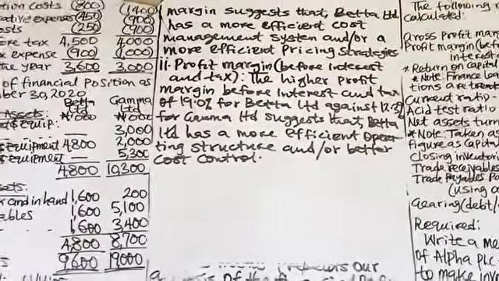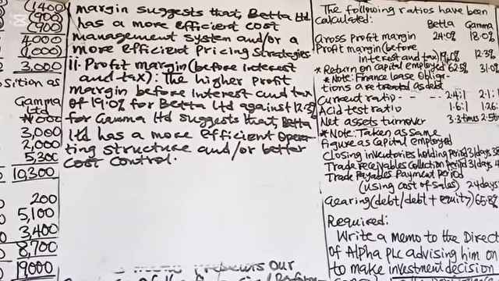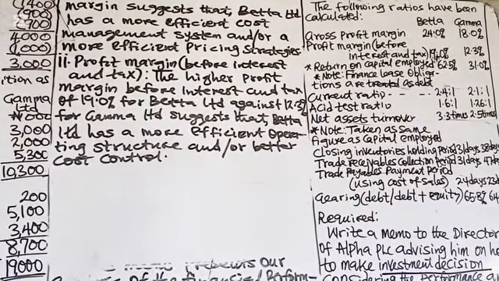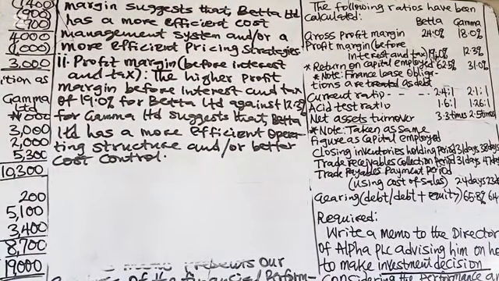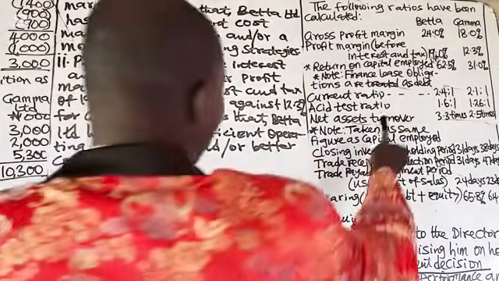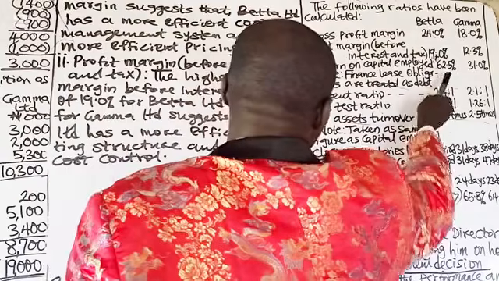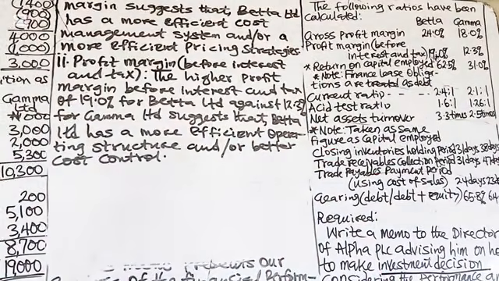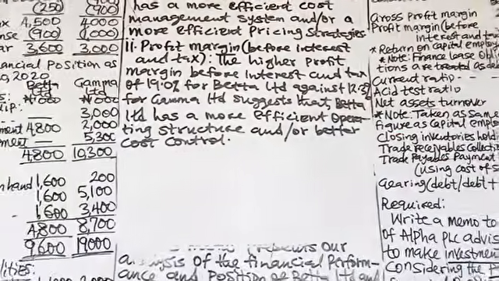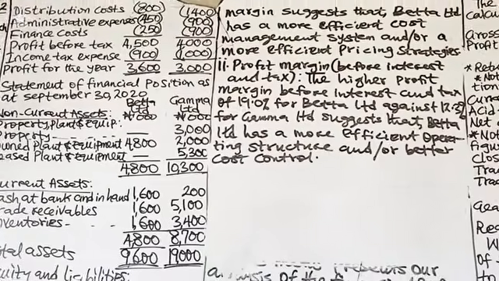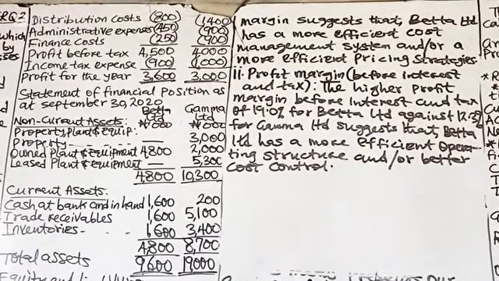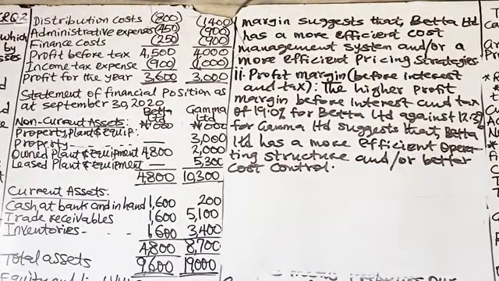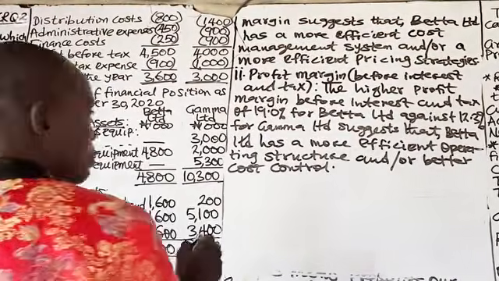So the third ratio we have in the question is return on capital employed. And you have 62.5% for Beta and 31.0% for Gamma Limited. So we want to report on the return on capital employed.